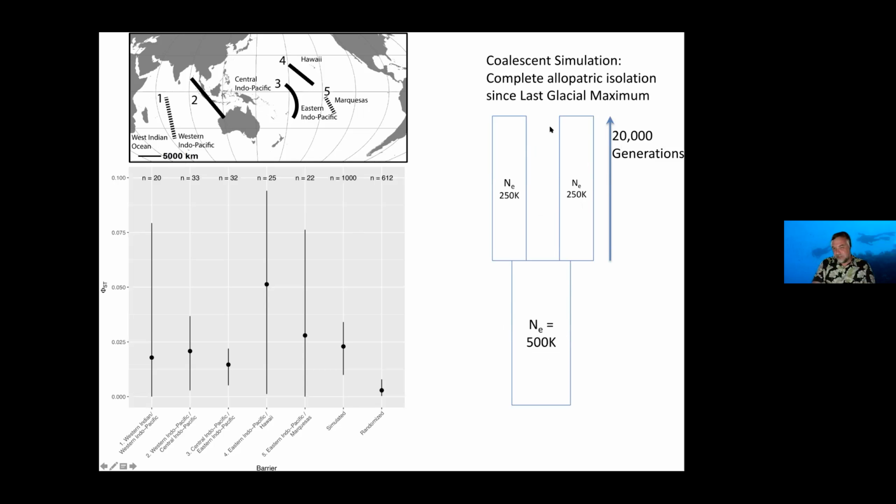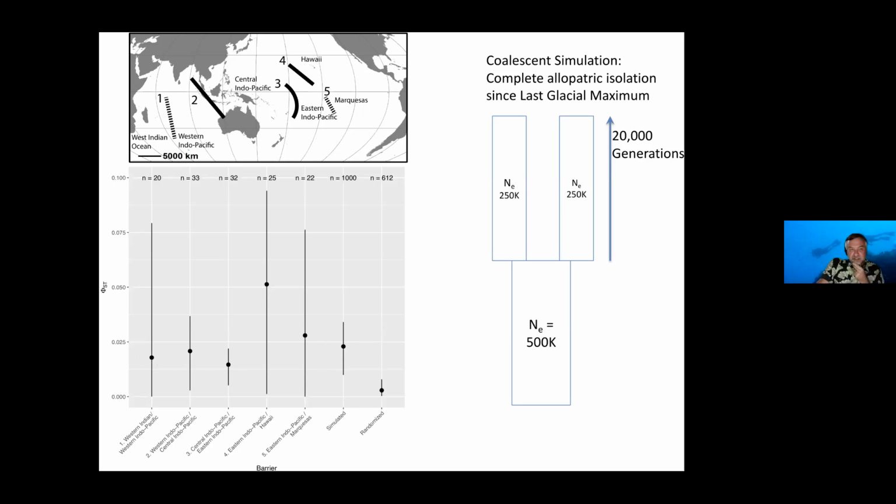When I did this really simple simulation with large effective population sizes, this is the simulated FST that I got back. And it's right in line with what we see across all of these other putative barriers. So FST is really low, but it's exactly what we would expect if there had been no gene flow across this barrier since the last glacial maximum.